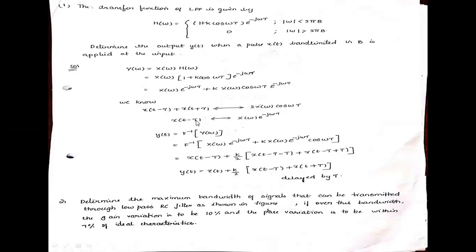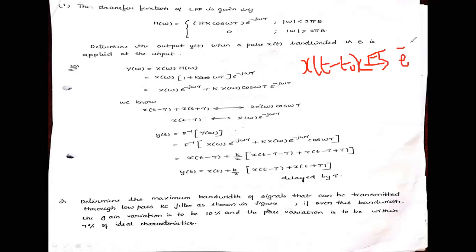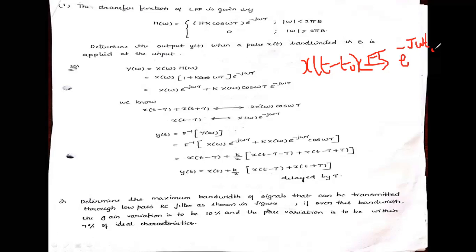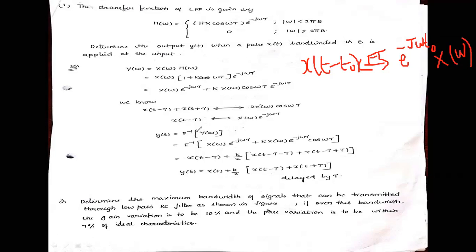According to the shifting property, the Fourier transformation of x of t minus t naught is e power minus j omega t naught times X of omega. Instead of t naught here, it is tau, not the t, my dear students.